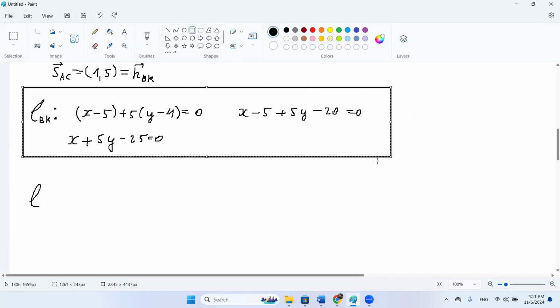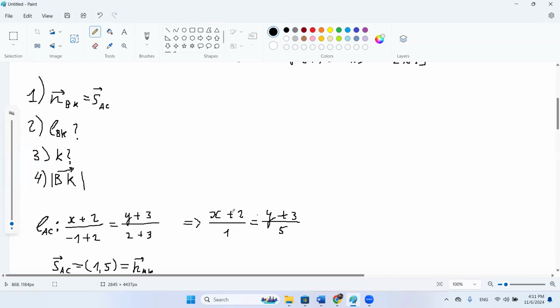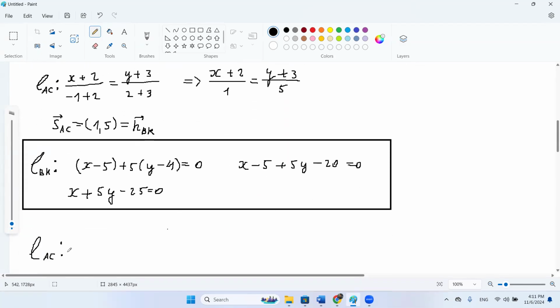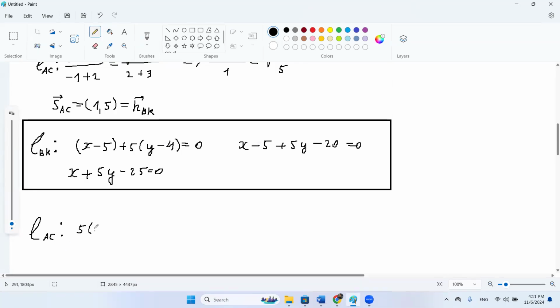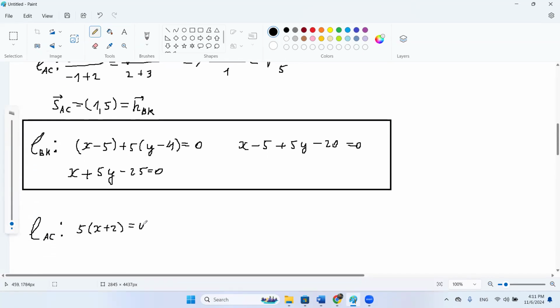So dividing by 5: 5 times (x plus 2) equals y plus 3.